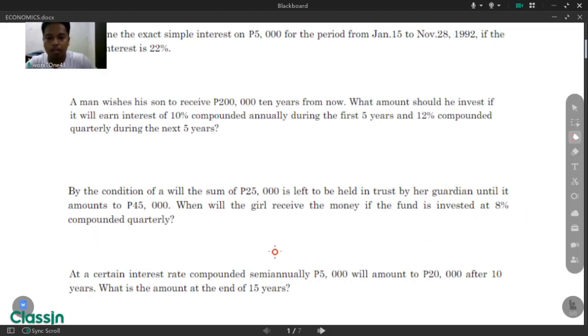So we'll be finding the time. When will this 25,000 accumulate to the amount 45,000, compounded quarterly, at 8% rate of interest?